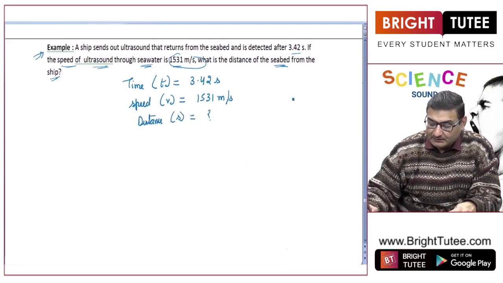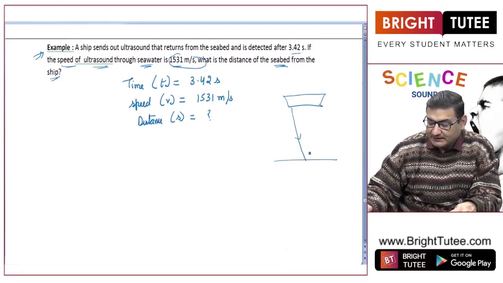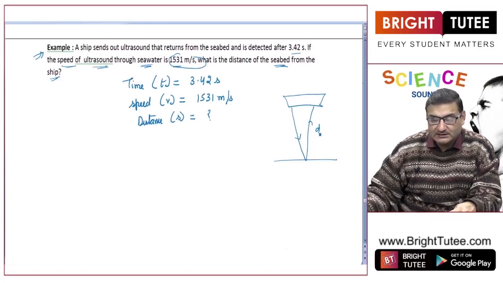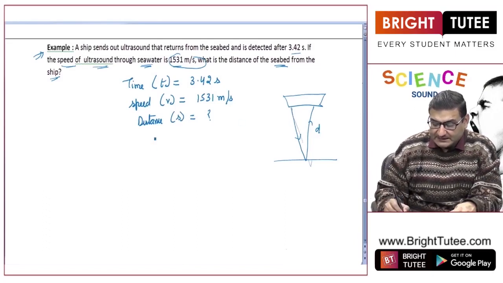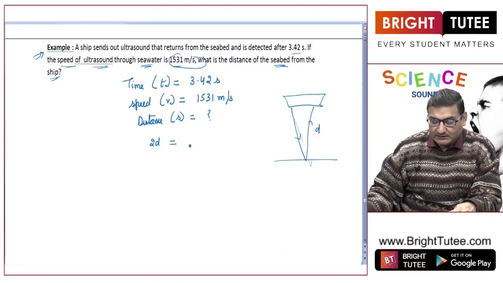Now if I am talking about this particular ship and this is the seabed, so the distance travelled, as we have earlier studied, it will be both sides. So I will take one side distance to be d and the total distance travelled basically is twice of d.